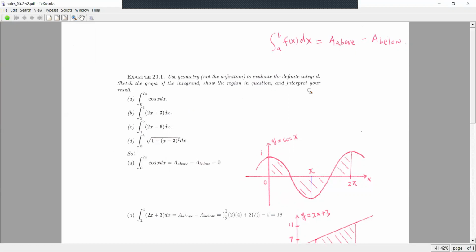And interpret your result. Okay, now the first integral. Take the integral of cosine from 0 to 2 pi. The integrand of this integral is cosine. Here is the graph of cosine.